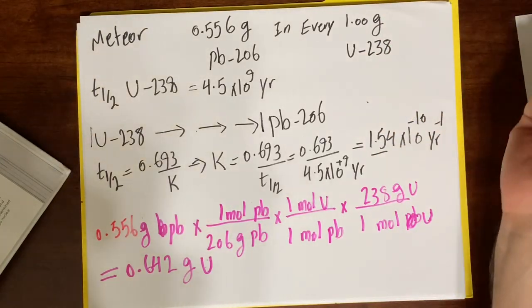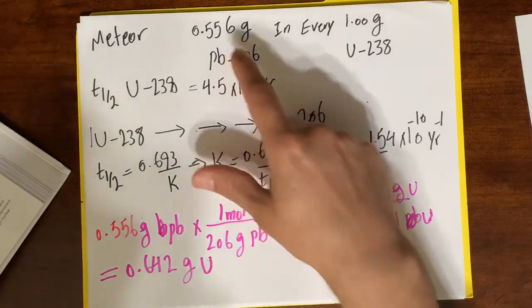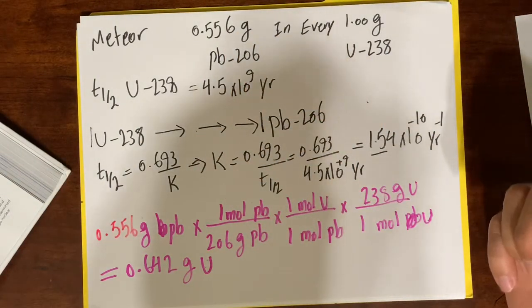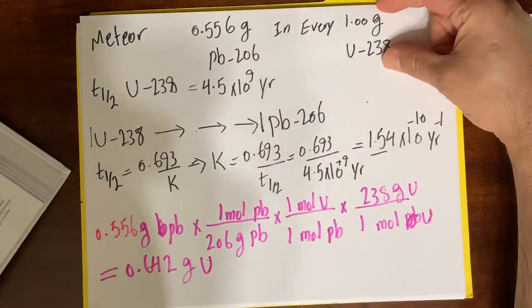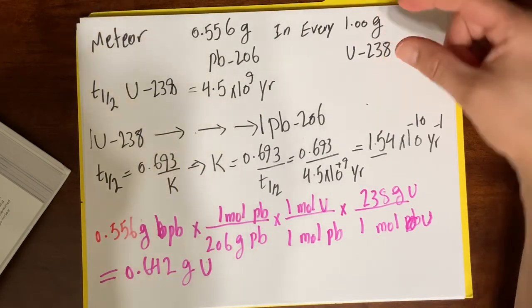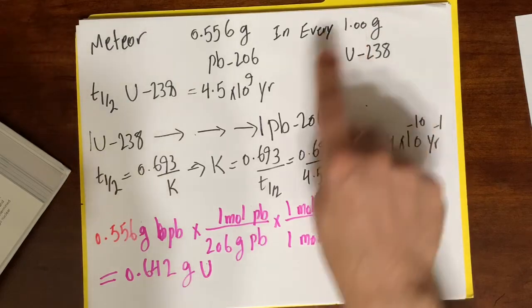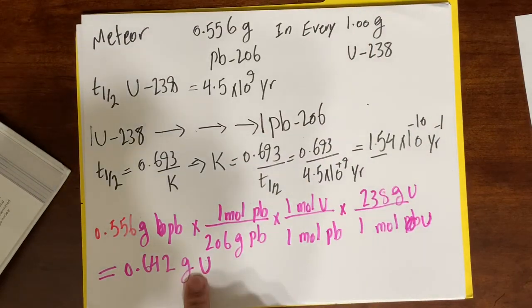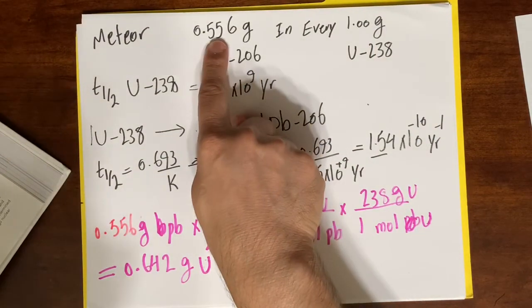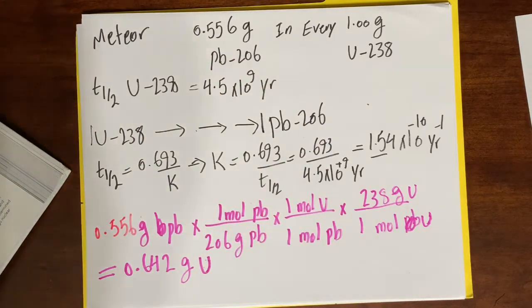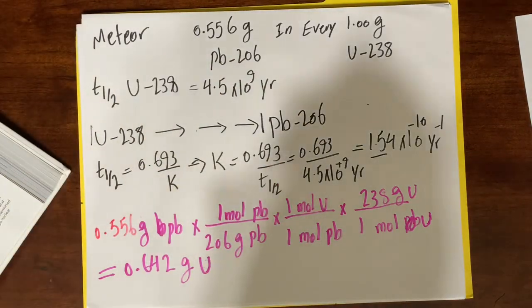Some of it was converted to lead. So the initial mass of uranium is going to be whatever you have here, which is 1, plus this number. So if you start with 1.6 gram of uranium, you get 0.556 gram of lead.